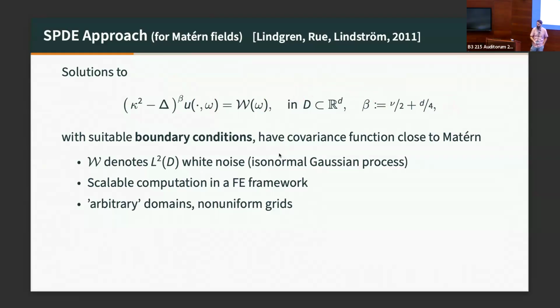This beta could be a fractional power, and it essentially allows you to sample from a Matern random field by solving this PDE.